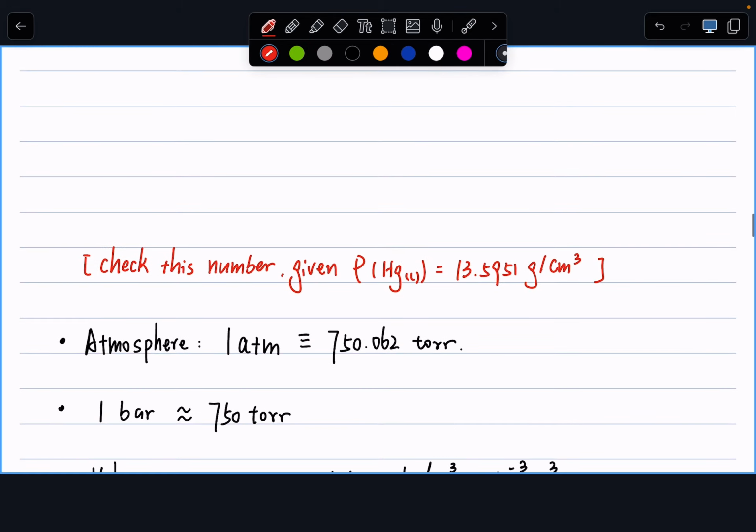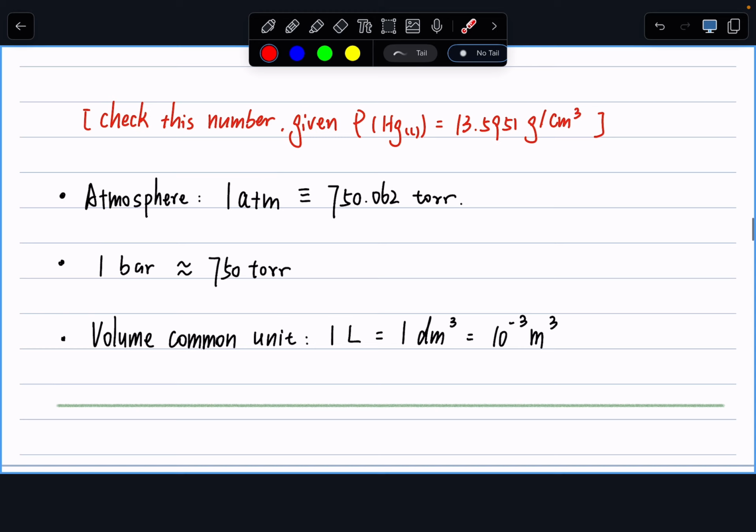And we also use atmosphere, ATM, and bar for the pressures we care about. As we can see, we have larger numbers that we will be using, or there are larger pressures that we care about than 1 Pascal. And for volume, typically you have liter, dm cubed, or meter cubed.